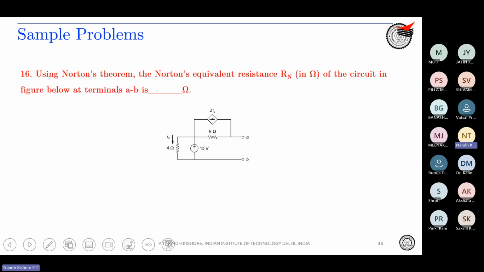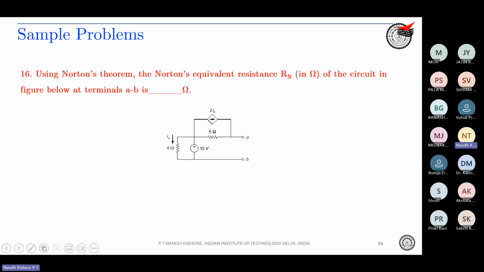So the next question is, using Norton's theorem, the Norton's equivalent resistance Rn of the circuit in the figure below at terminal AB is how much? Okay.